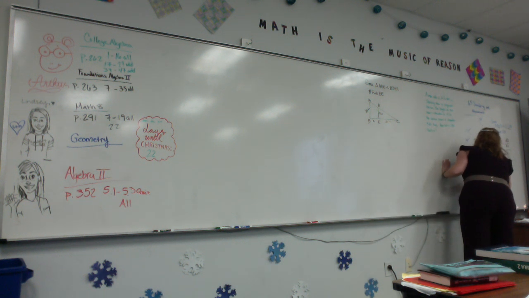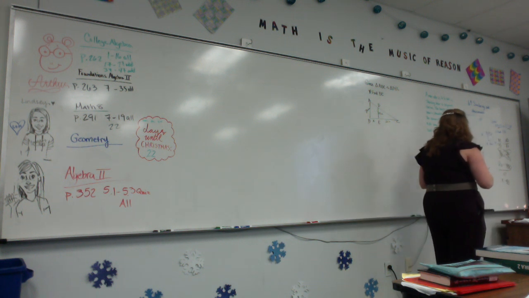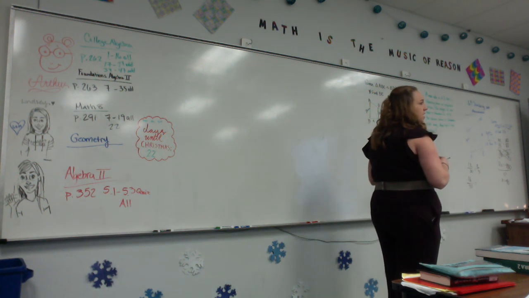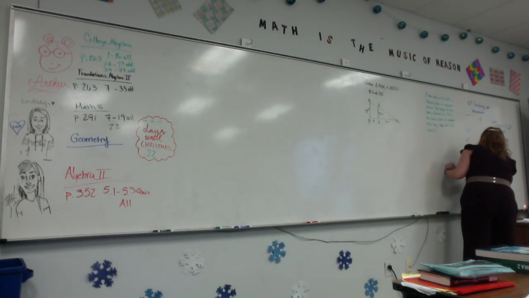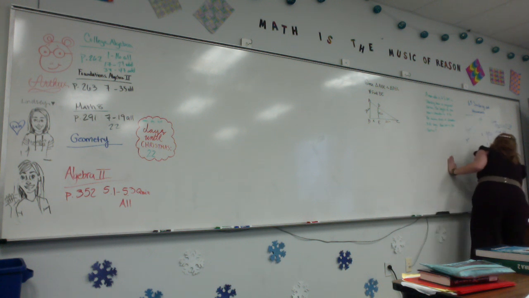What does 16 over 40 reduce down to? 4 goes into both, giving you 4 over 10, and then both can be divided by 2, so 2 over 5. So are they the same proportion? Yes, so we did our math right. So x does equal 40 inches.